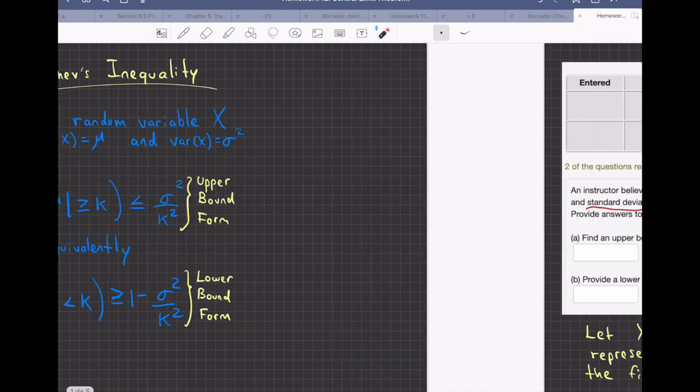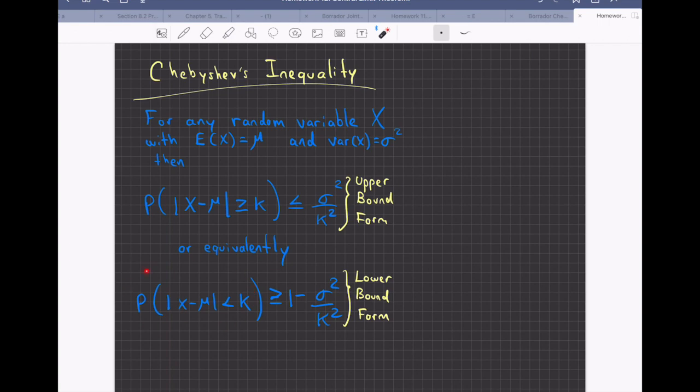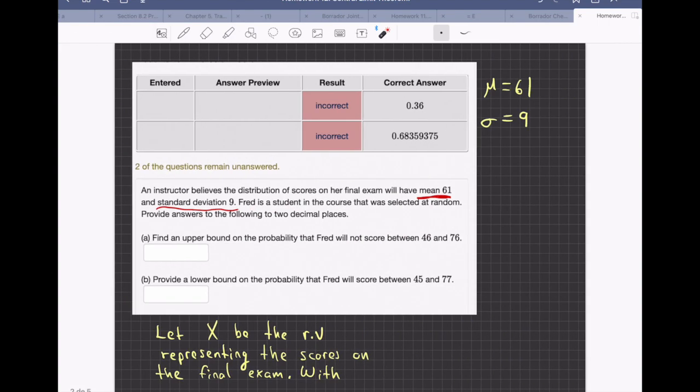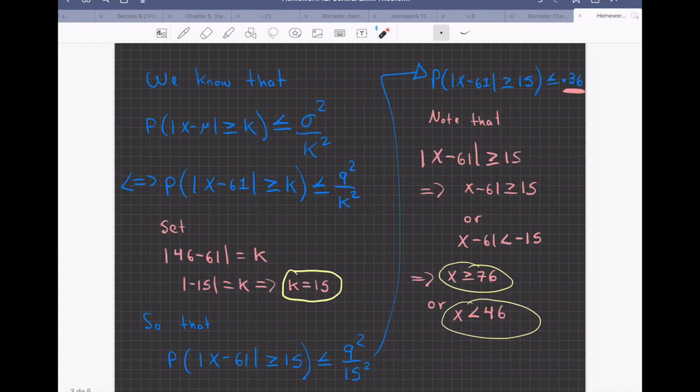So we use the probability that x minus 61 is no more than k is at least 1 minus sigma squared divided by k squared.